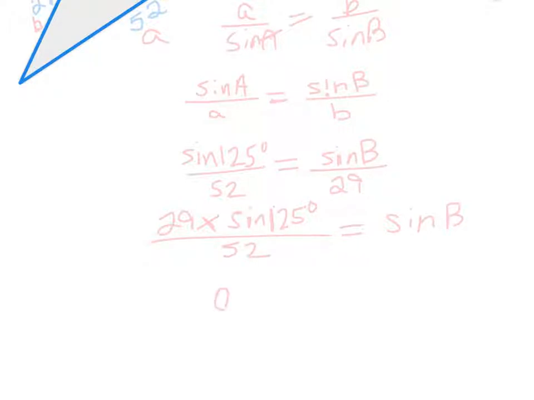You're going to get 0.4568, so I'm going to call that 7. Now keep that number on your calculator, right? I rounded this number, but keep all those digits on your calculator because now you're going to sine inverse that number. And when you do, you sine inverse both sides, you get B equals 27.2 degrees.